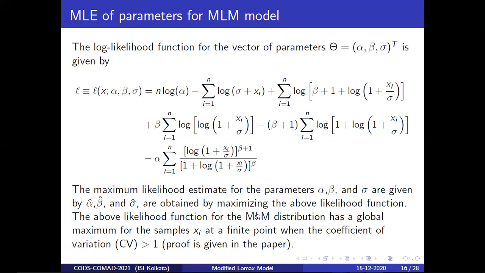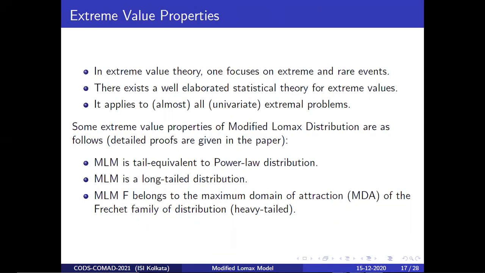The coefficient of variation is defined as S by x bar, that is, the standard deviation of the data divided by the mean of the dataset. For network datasets, we observed practically that the coefficient of variation is always greater than 1. Thus, these theoretical results have some practical implications.